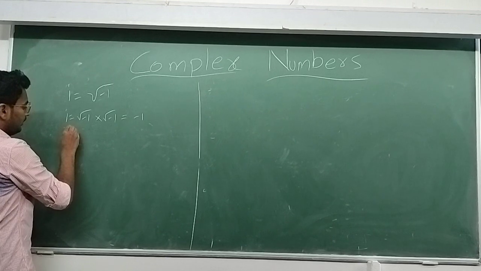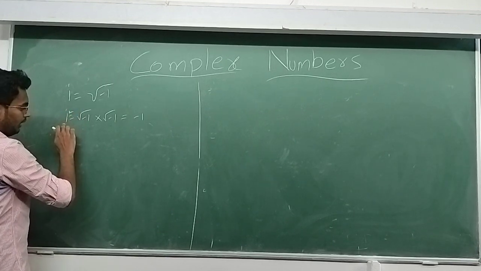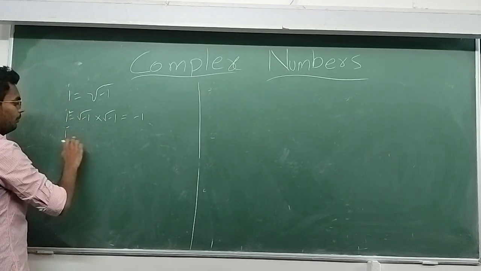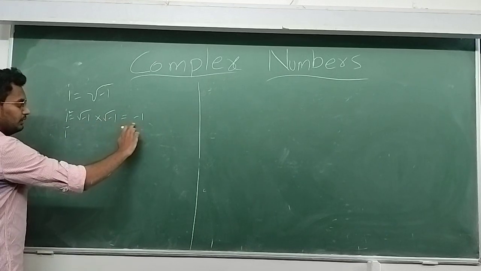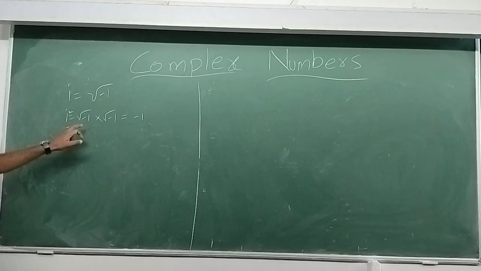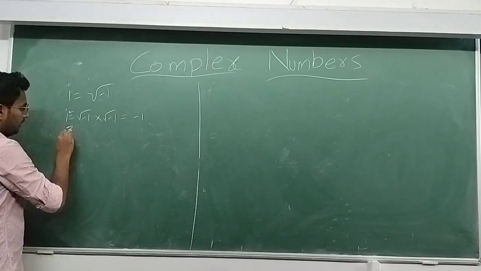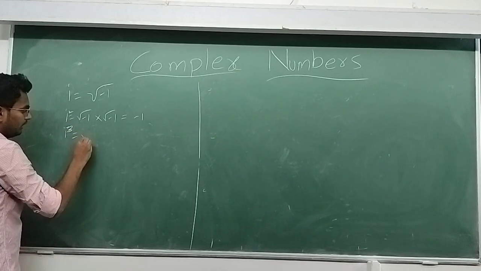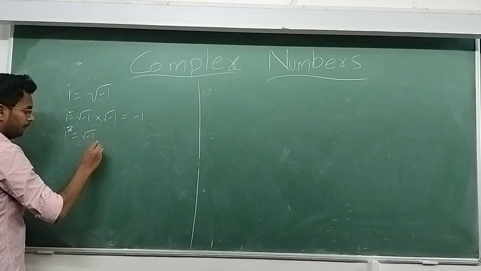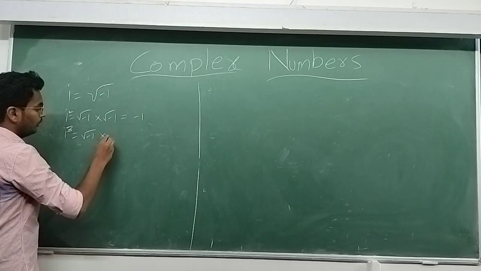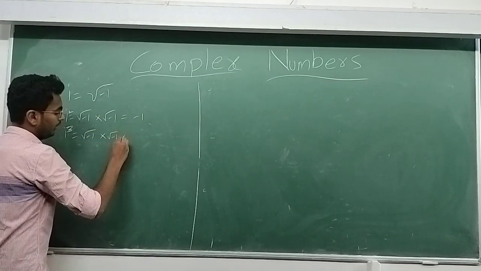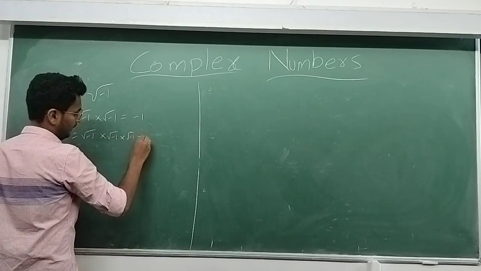i square is equal to root of minus 1 into root of minus 1, which is equal to minus 1. Now i cube is equal to root of minus 1 into root of minus 1 into root of minus 1.